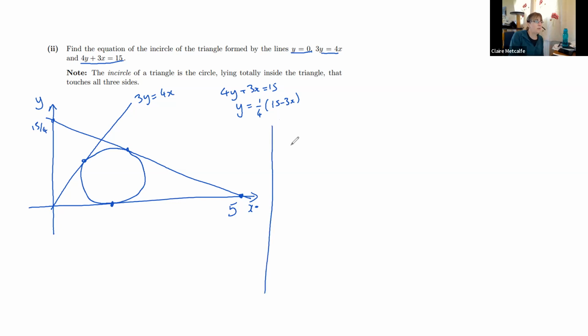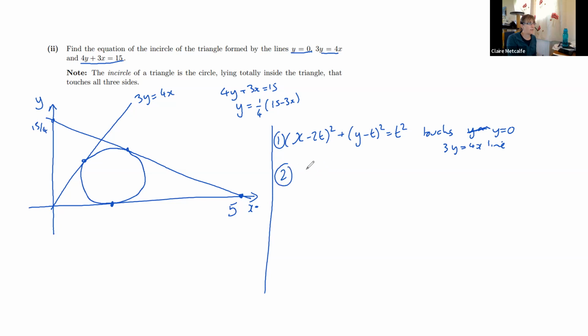So from the first part of the question, we know that this equation touches the y equals 0 line and the 3y equals 4x line. So the only question now is, where does it touch the last line?